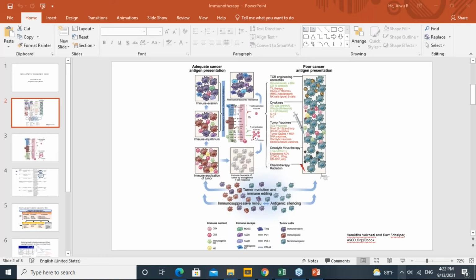You are all physicians in training, and you can see some of the treatments you do may help with releasing the antigen, such as ablation or radiotherapy, which may cause inflammation and release tumor antigen, and then hopefully induce an immune response.